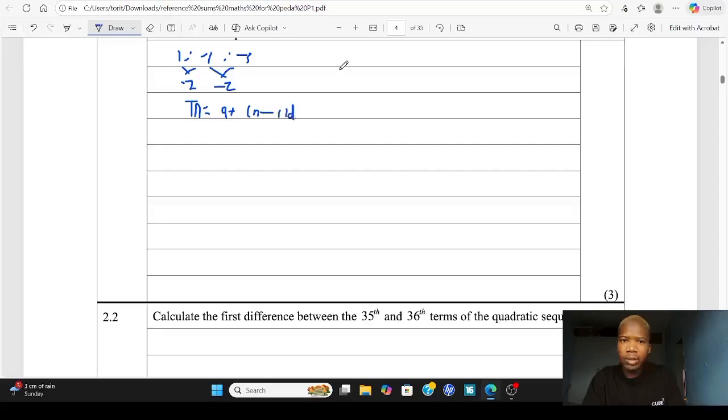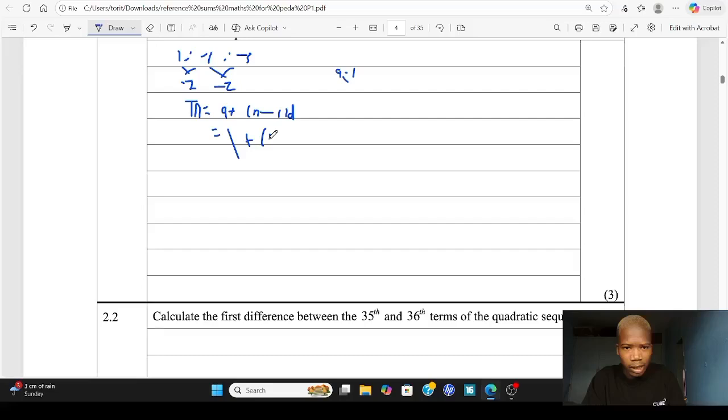We know that the value of a is 1, so it's 1 plus (n minus 1), and the difference is minus 2.